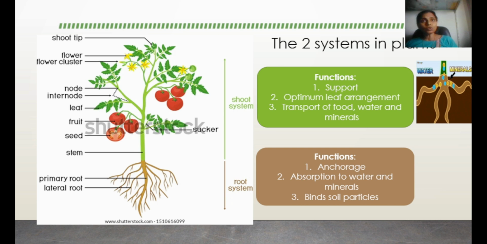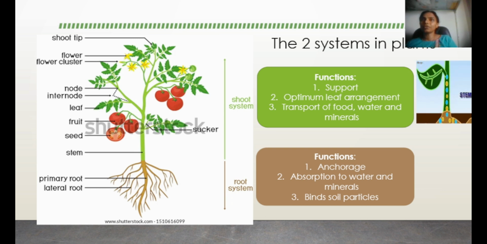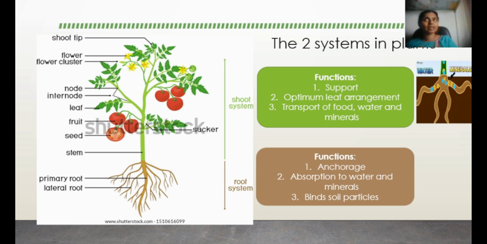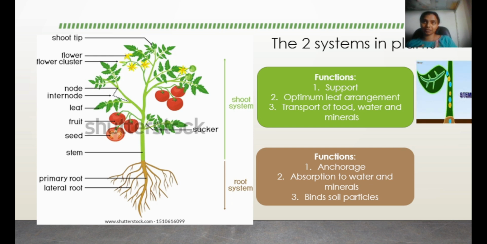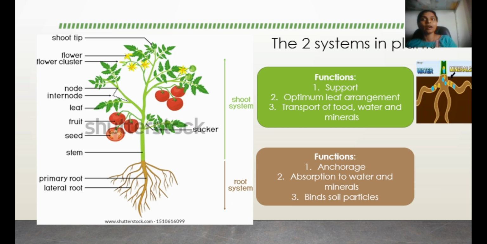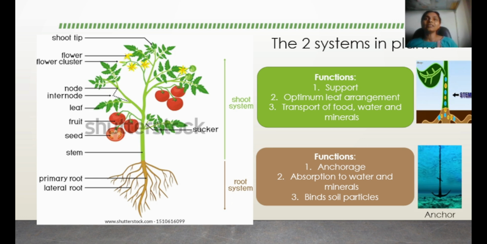Now, what about the root system? The primary function of the root system is anchorage. I want you to remember this word clearly, and I want you to use this word itself for the exam also. Anchorage means to hold in place. The word anchor comes from this object that is used in ships to hold the ships in place in the sea. When the ship has to stop and the captain of the ship has to go to sleep, what does he do?